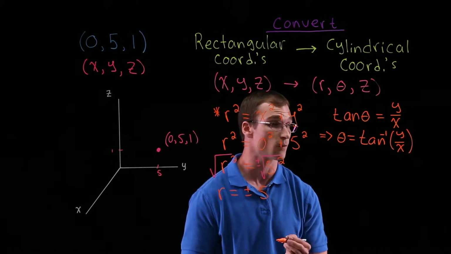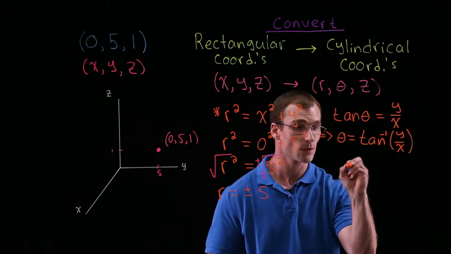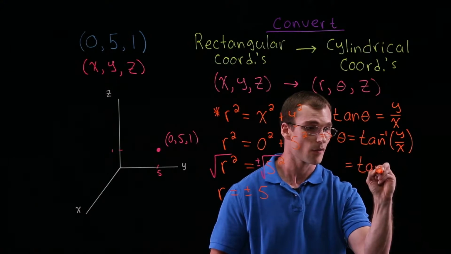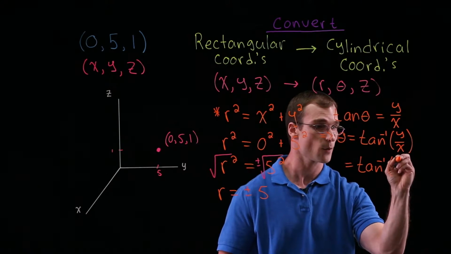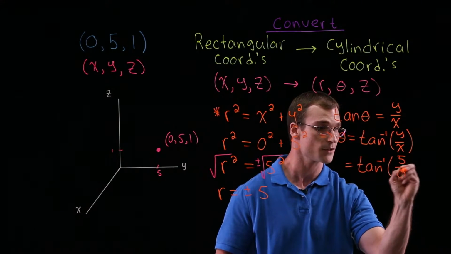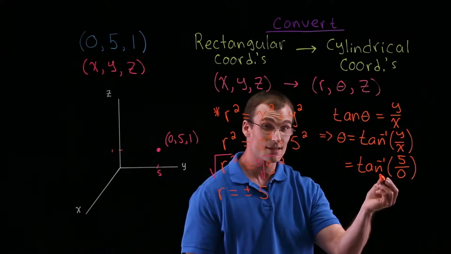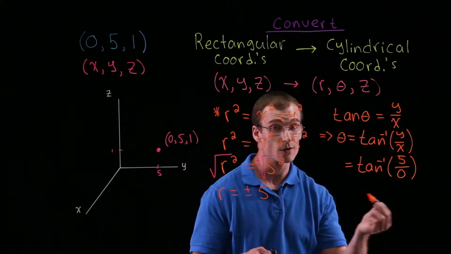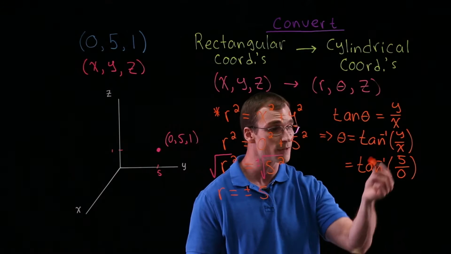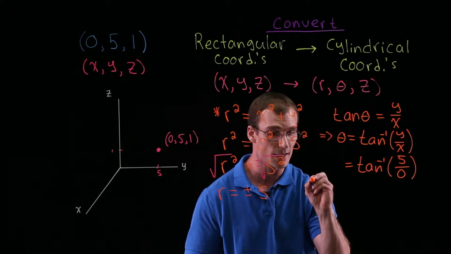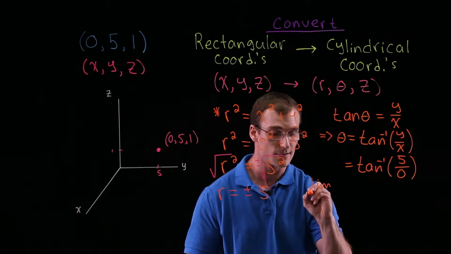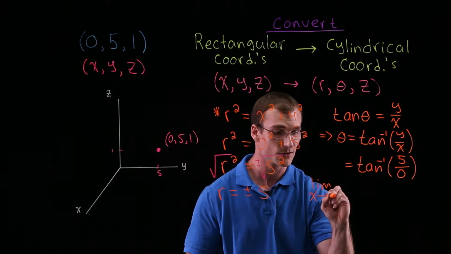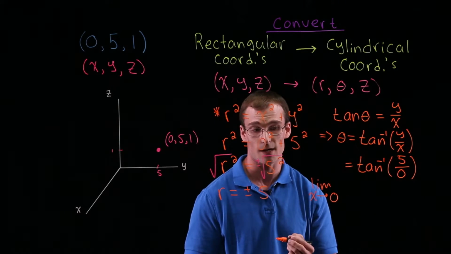And again, we know the values of y and x, so this is equal to tangent inverse of y, which is 5, divided by 0. As it sits, we can't evaluate this because we can't divide anything by 0. But we know from earlier sections in calculus that evaluating this is the same thing as looking at the limit as x approaches 0 on the bottom.